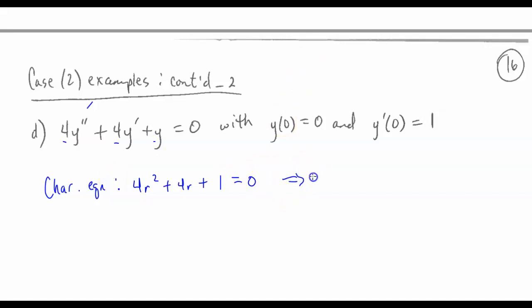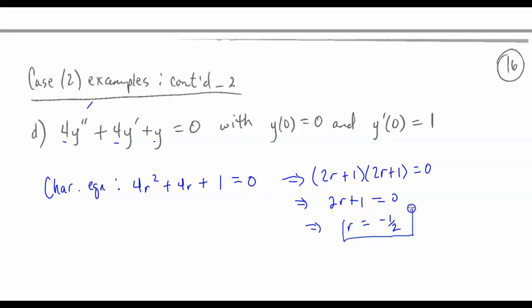Now, if we do this, this turns out to be 2r plus 1 times 2r plus 1 equals 0, which essentially means here that 2r plus 1 is equal to 0, which essentially means that r is equal to negative 1/2 once we solve for r.